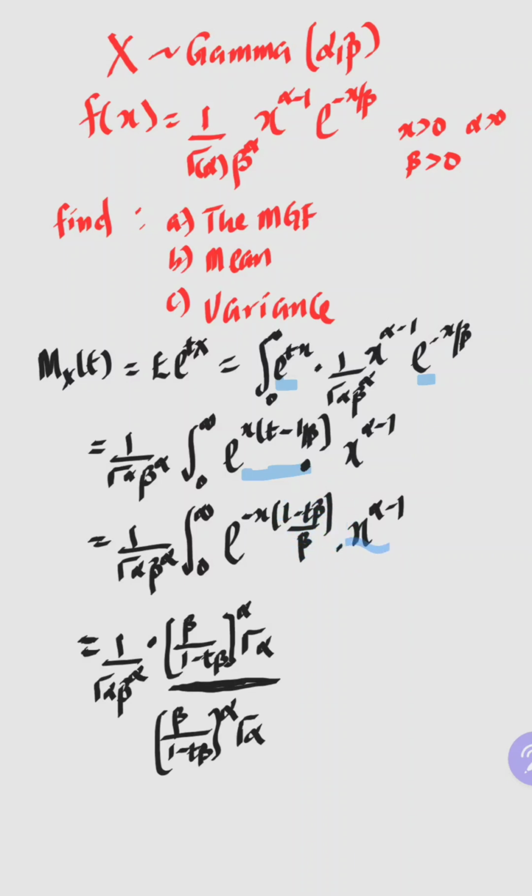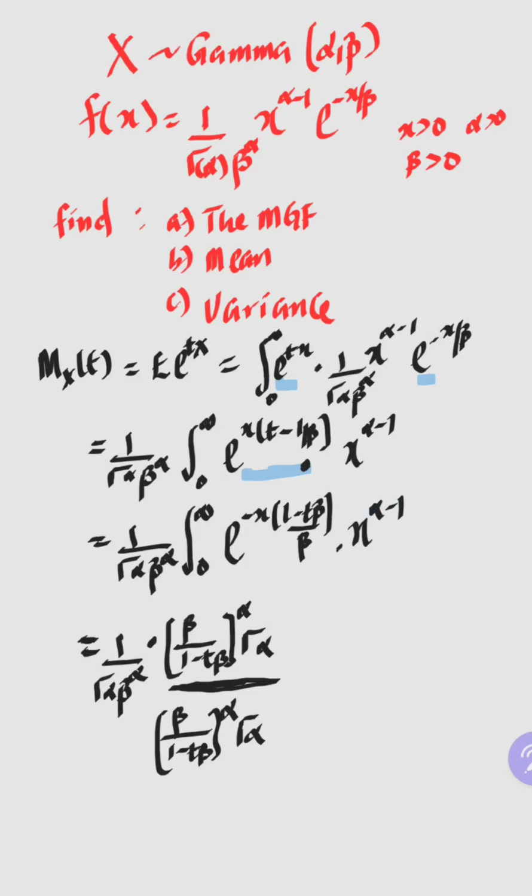You can take the reciprocal of this, and here we have this gamma of alpha function. So now taking the reciprocal, it's just like this: gamma alpha, beta to the power of alpha. This is going to be my beta to the power of alpha, and this is going to be my gamma of alpha. So it's like having the same thing.